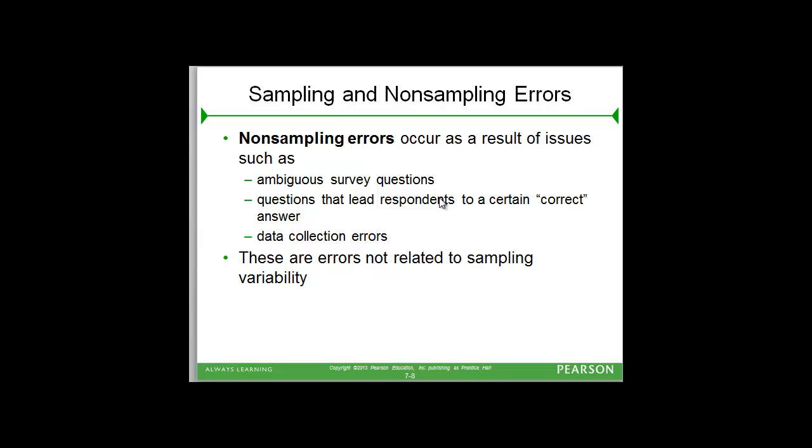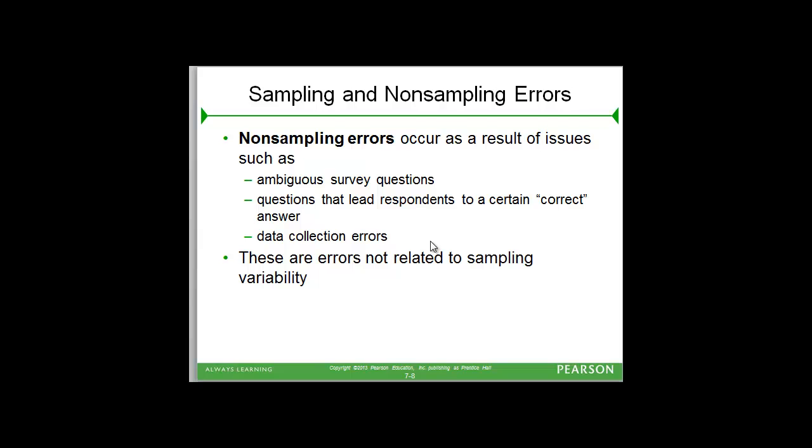And non-sampling errors mean the errors have nothing to do with the sample, with sampling. It's just the result of other issues, such as ambiguous survey questions, questions that lead respondents to a certain answer, or data collection errors.